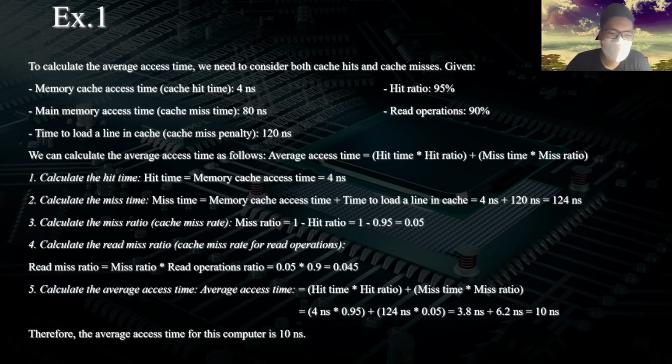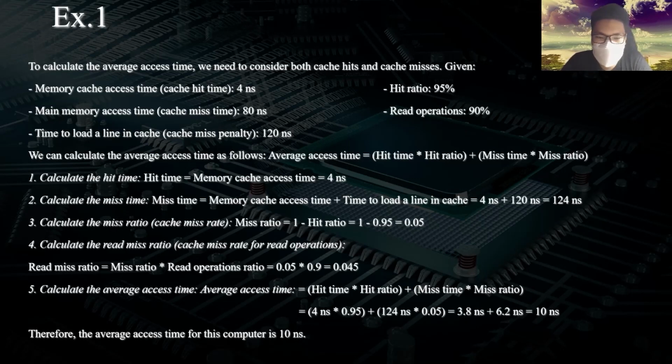Calculate the read miss ratio. The read miss ratio equals miss ratio multiplied by read operation ratio, equal to 0.05 multiplied by 0.9, equal to 0.045.